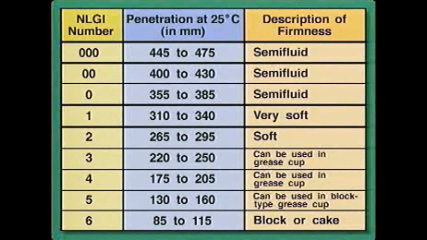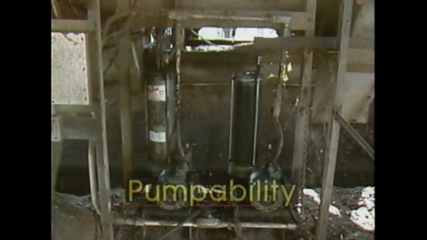In this system, grease consistencies are designated by NLGI numbers that range from 000 for the softest to 6 for the stiffest.